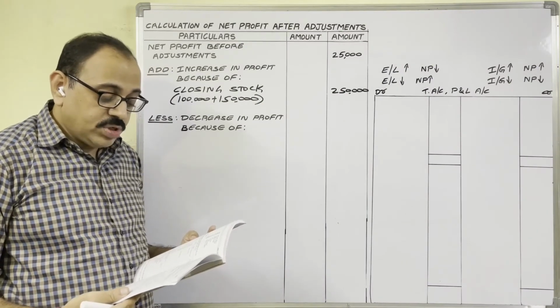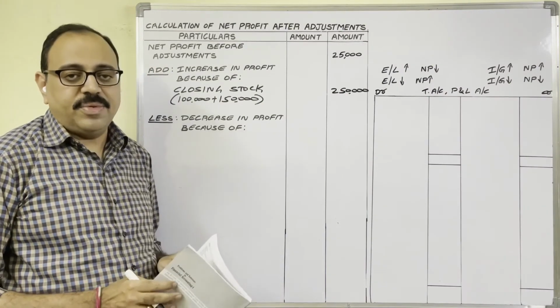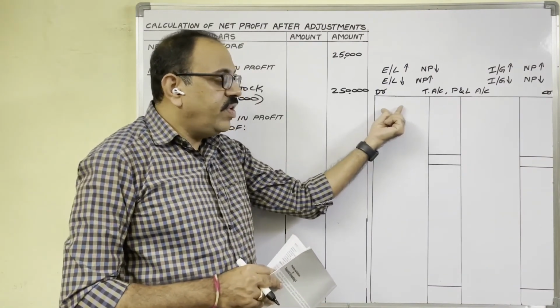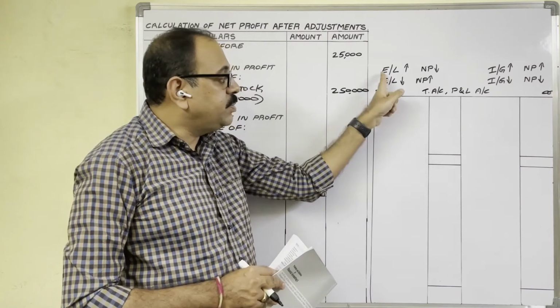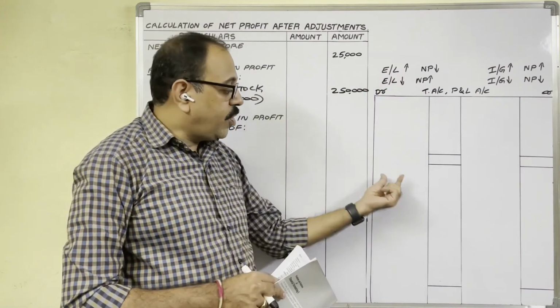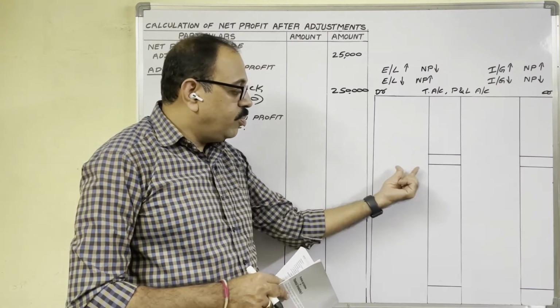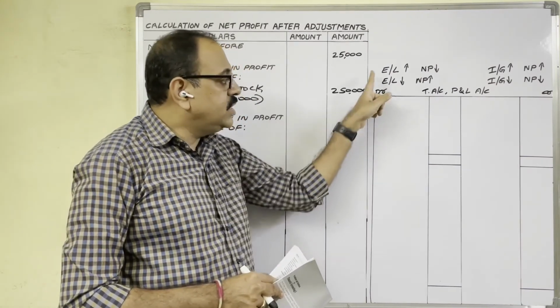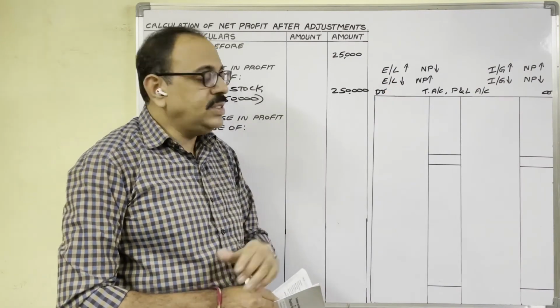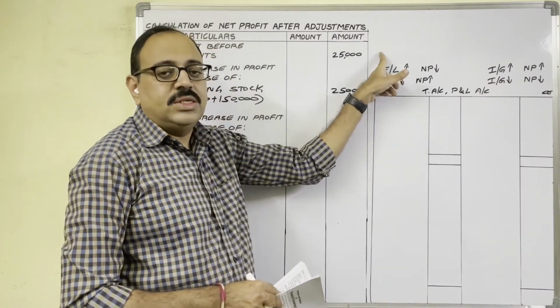Next, 20,000 for wages and 5,000 for printing were outstanding. Outstanding wages are added on the debit side of trading account, which means expenditure is increasing. Outstanding printing is added to printing on the debit side of profit and loss account, so expenditure is increasing. Because of these two adjustments, expenditure increases.